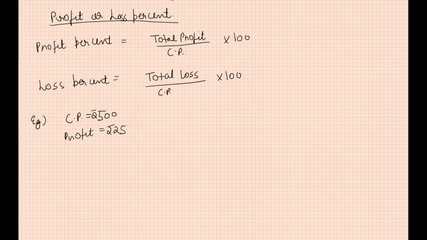So children, here the formula for profit percent is this. So 25 upon 500 into 100, this will be 5%. The profit percent is 5%. Okay.